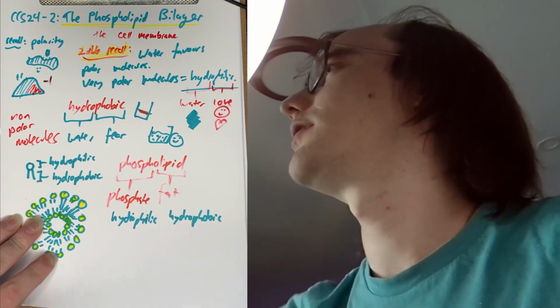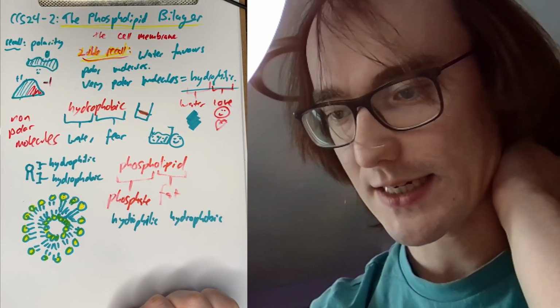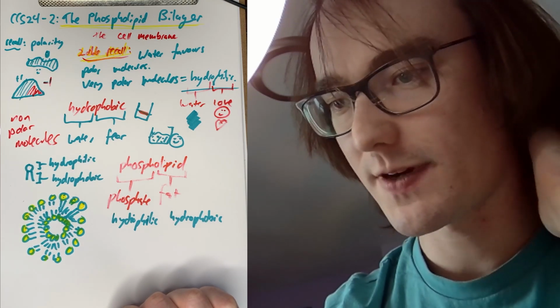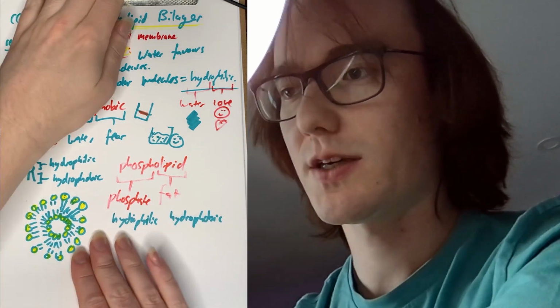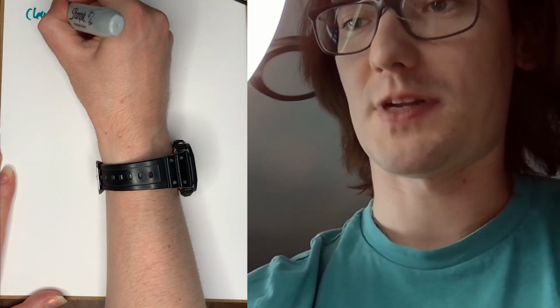So in order to do that, is there anything last I wanted to say? Spontaneous membrane development, polarity molecules, that's all good stuff. Let's get into the actual chemical structure of a phospholipid.